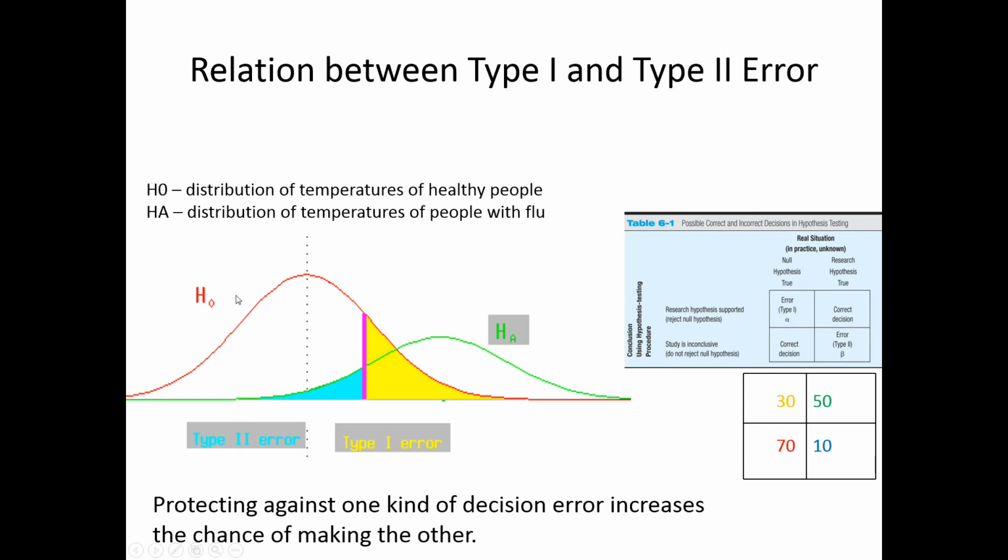So probably we want to shift this classification threshold even further here, so that all people with flu are classified correctly. But by doing this we will increase the type 1 error quite a lot, because we will classify a lot of healthy people incorrectly. So if we have some medication to give to those people, then a lot of healthy people will be unnecessarily medicated if we shift it.